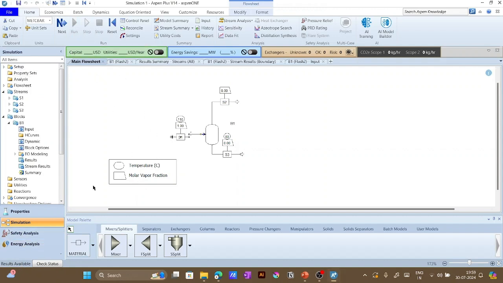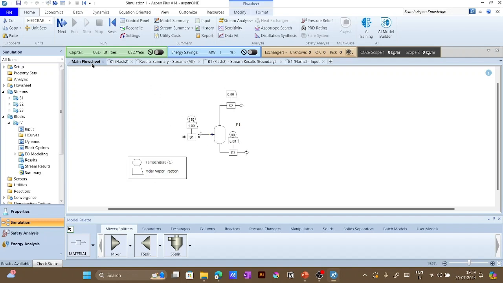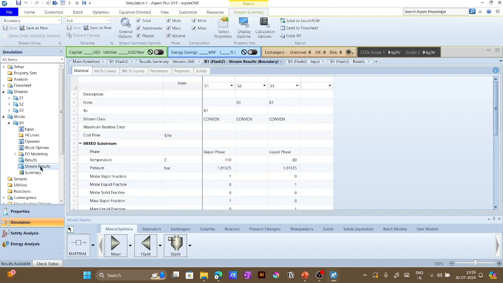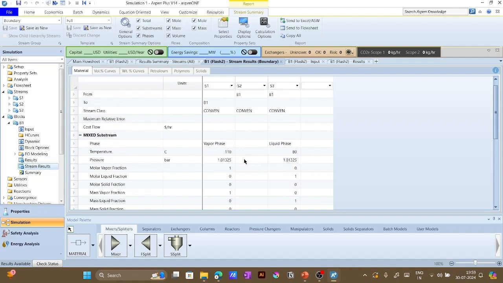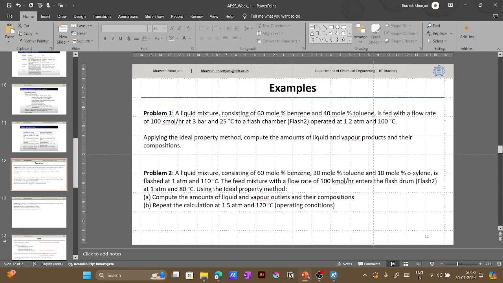result available. So you can see here what has happened, that our feed that was at 110 degrees centigrade and 1 atmosphere.